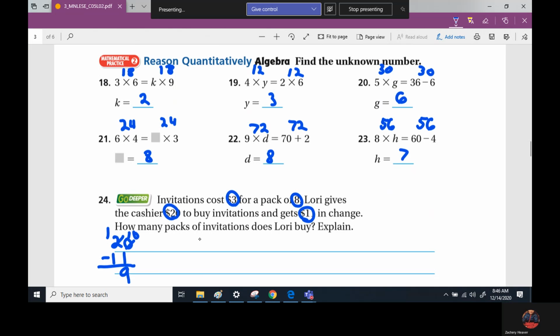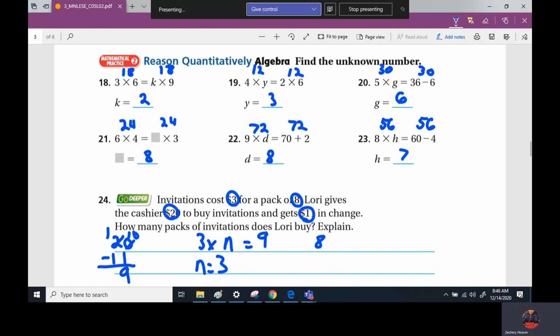So 3 times what equals 9? And let's use n. I know that 3 times 3 equals 9, so n equals 3.